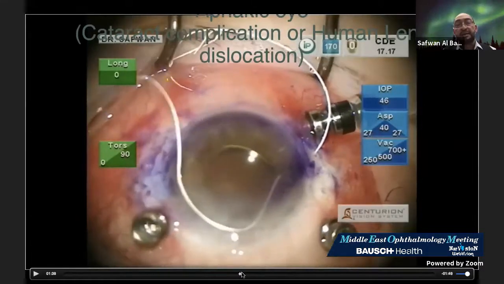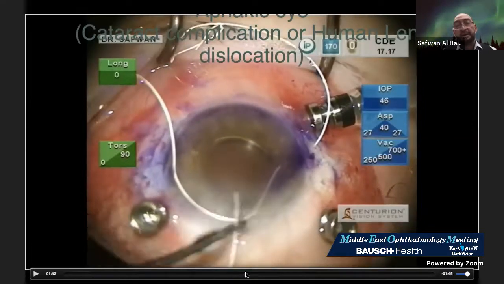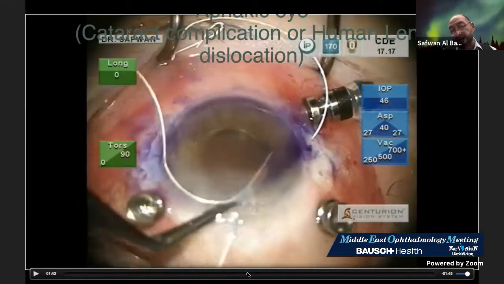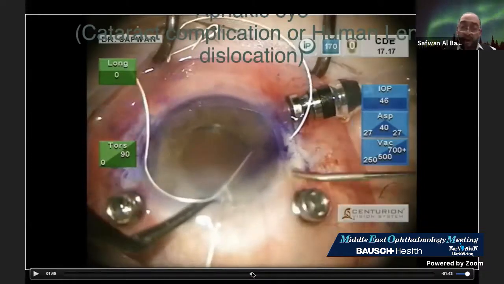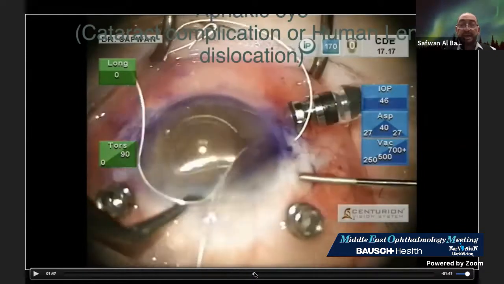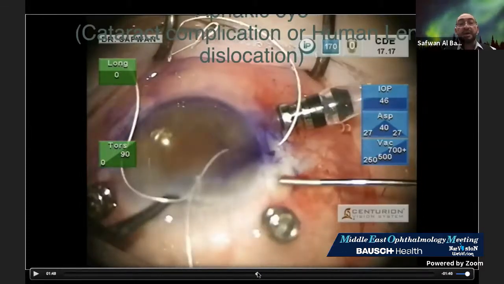See that the other end is grasped, and then my right hand again goes through the other sclerotomy site, through the other eyelids, grasping the other suture.